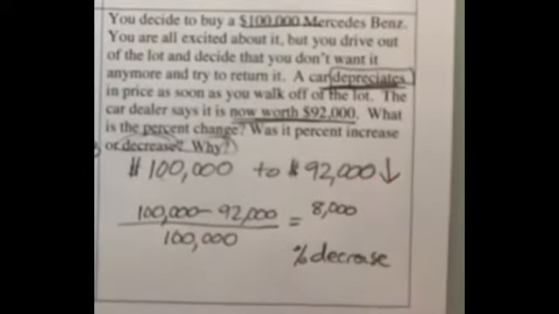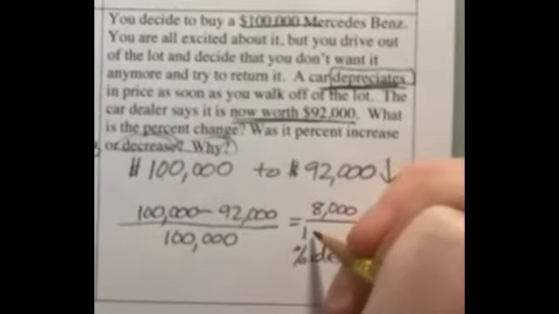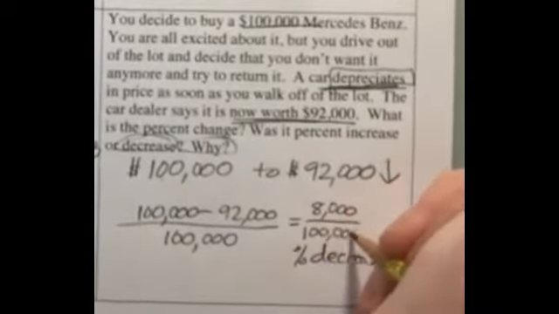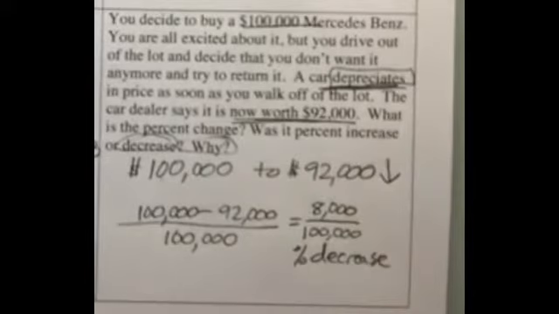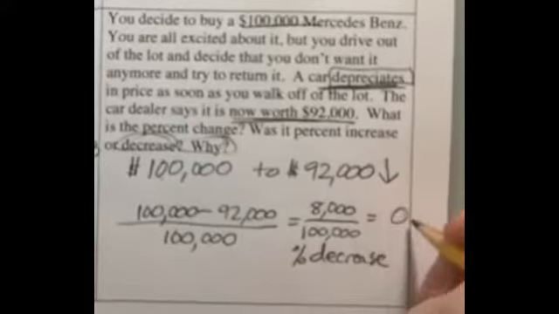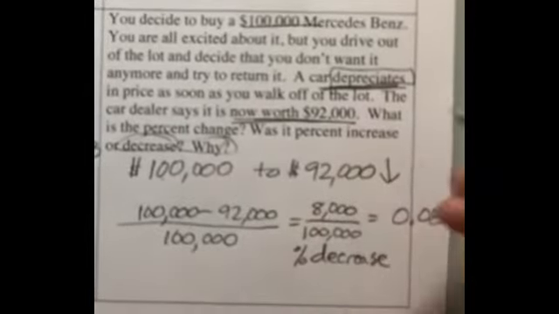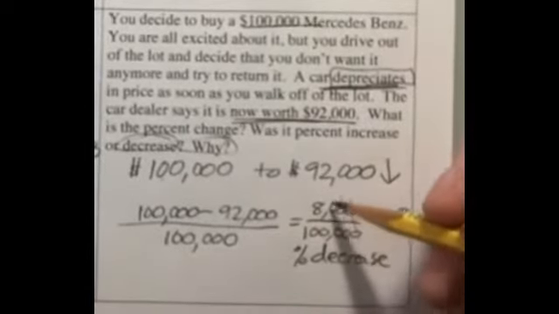Wow, it lost $8,000 just by driving it off the lot, divided by the 100,000. So then you take your 8,000 divided by the 100,000, and you get 0.08.